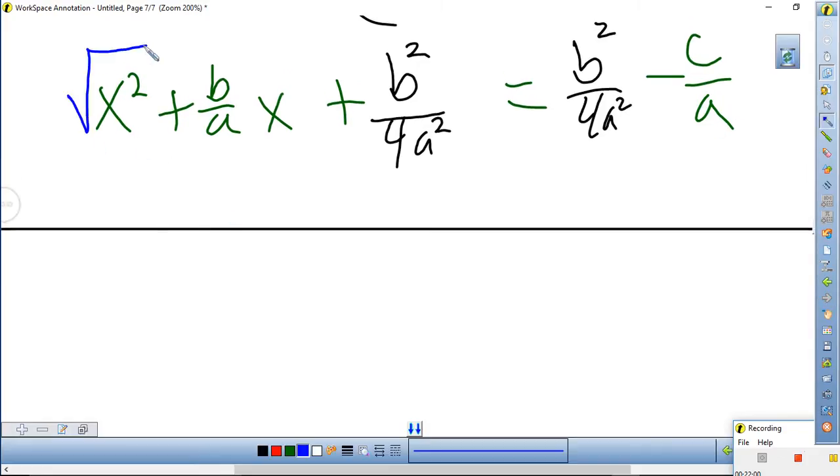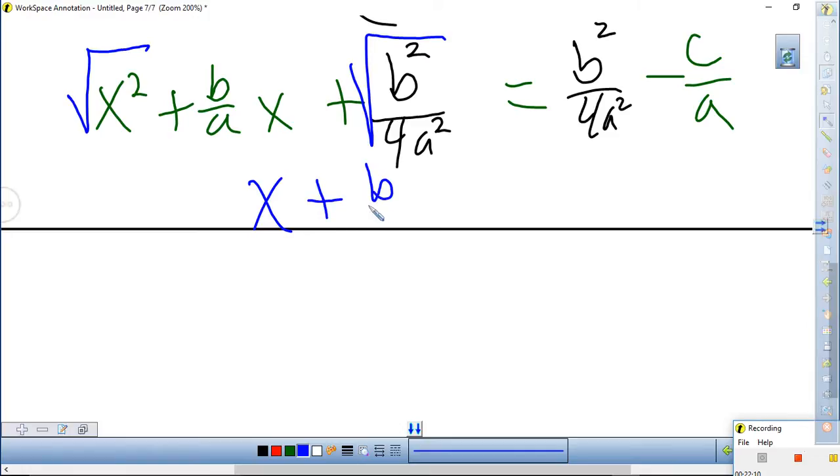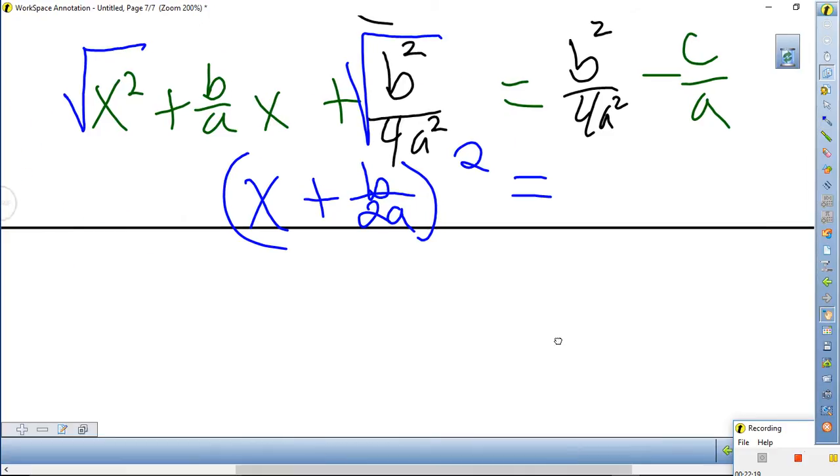Square root of the first and square root of the third. So tell me what to write. B over 2A and all that squared equals. Tell me on this side, please.